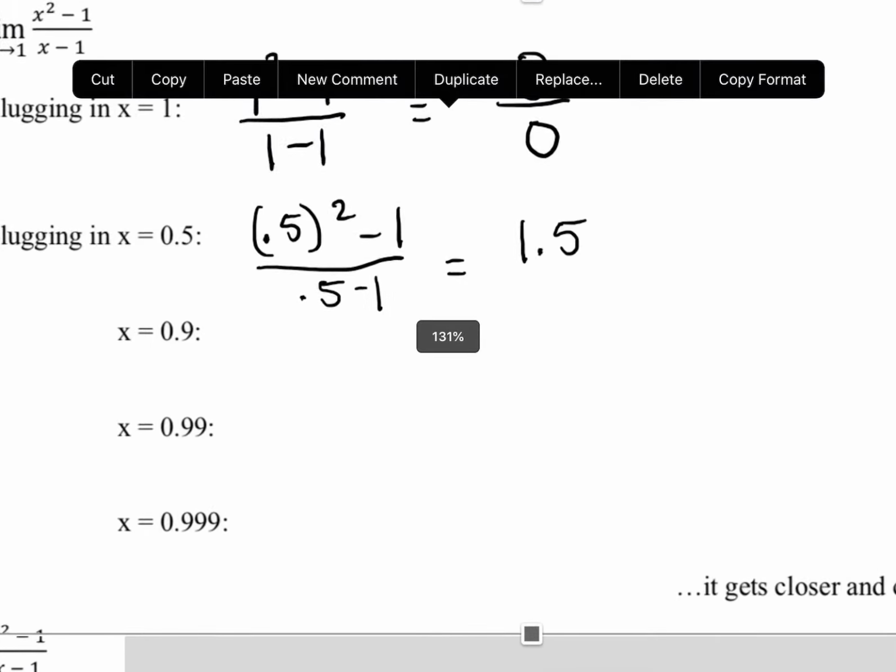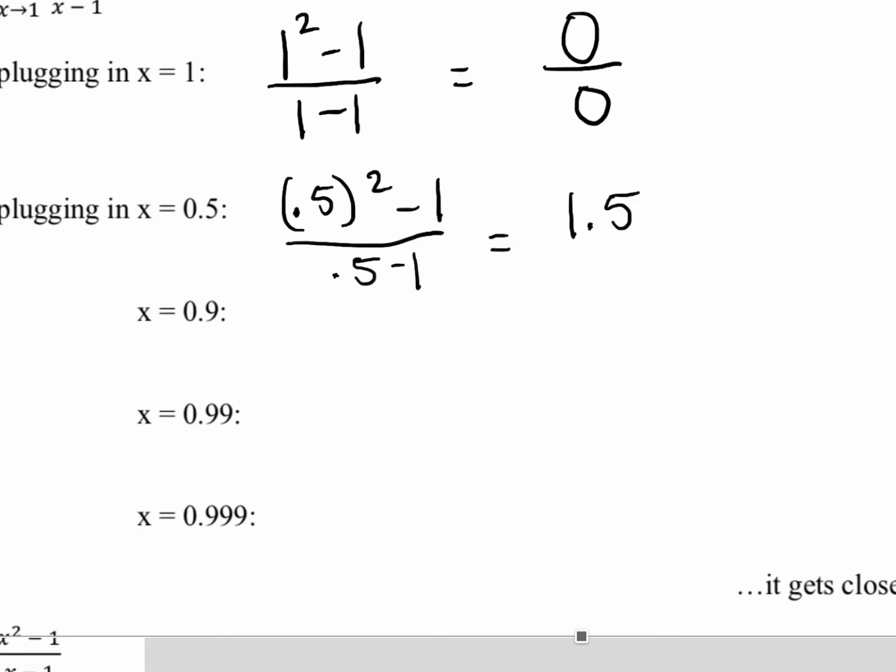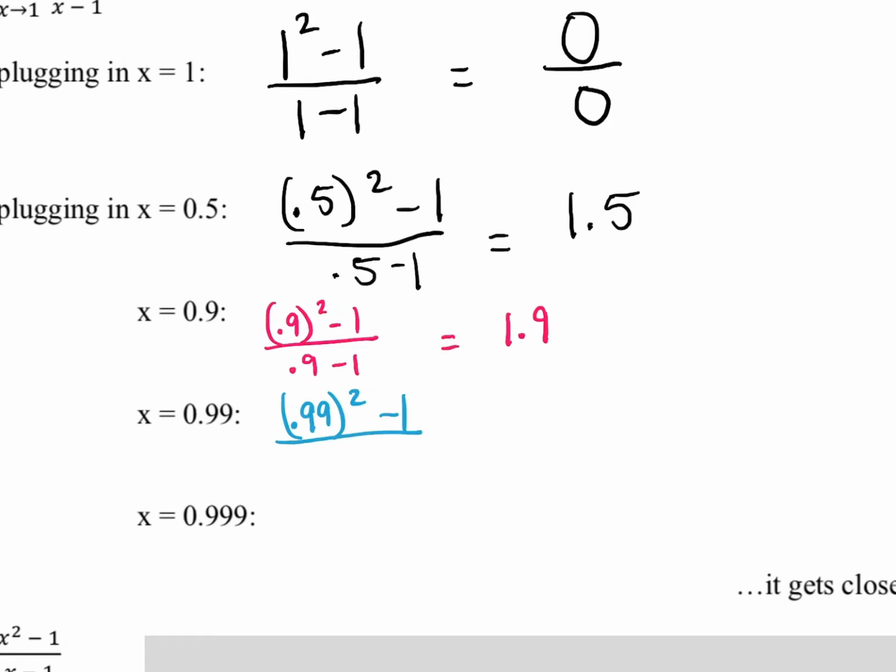If we try plugging in 0.9, so 9/10, 0.9 squared minus 1 over 0.9 minus 1, that gets us 1.9. If we try 0.99, 0.99 squared minus 1 over 0.99 minus 1, that gets us 1.99.